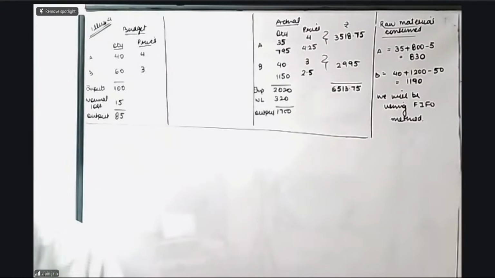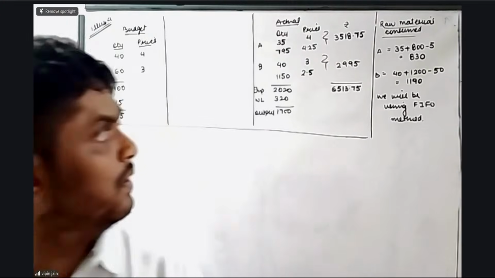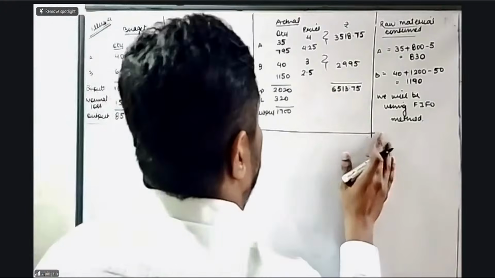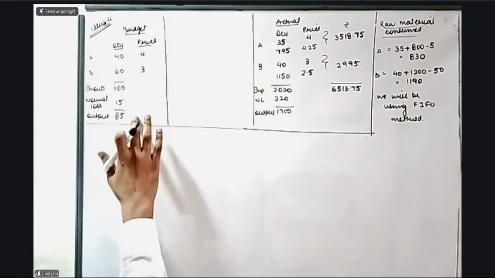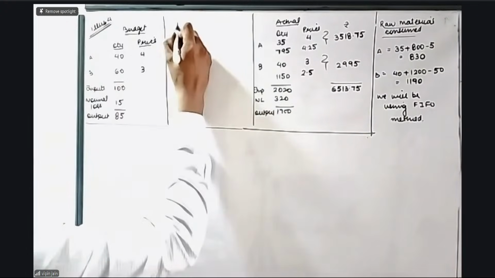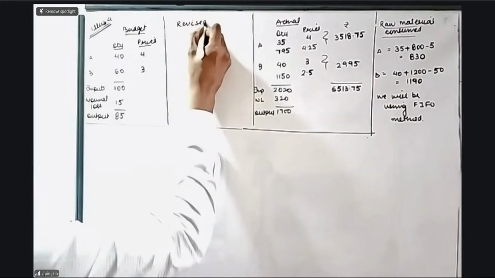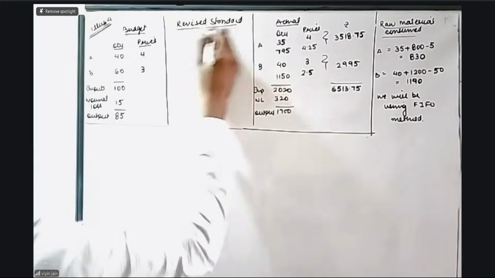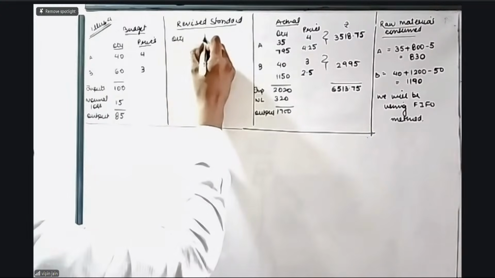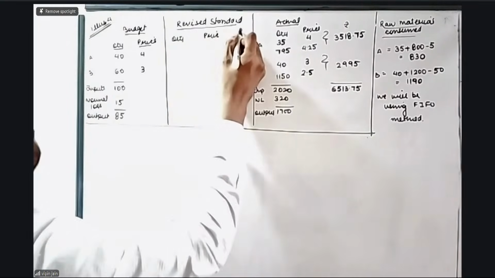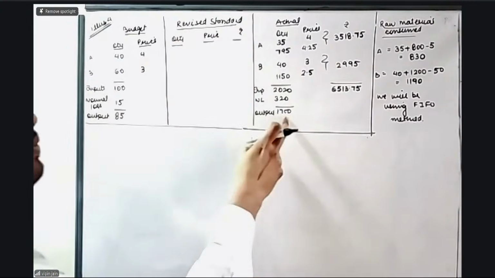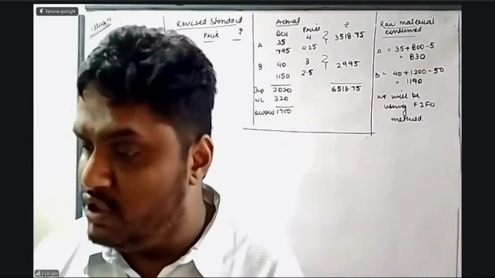Anyone with any doubts or queries in this part? Since the budgeted output and actual output are not the same, we will prepare a revised standard. $40 for 85 output. So for 1700 output, how much?